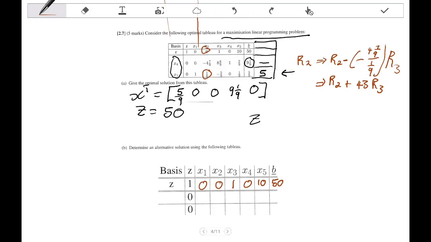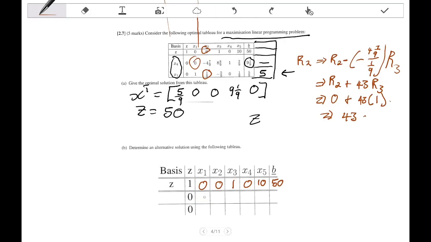Then to do the row operation, for the first one here is 0, then plus 43 multiplied by our R3, it's 1, then the answer is 43. Therefore you're going to have 43. Then you write 43 here.